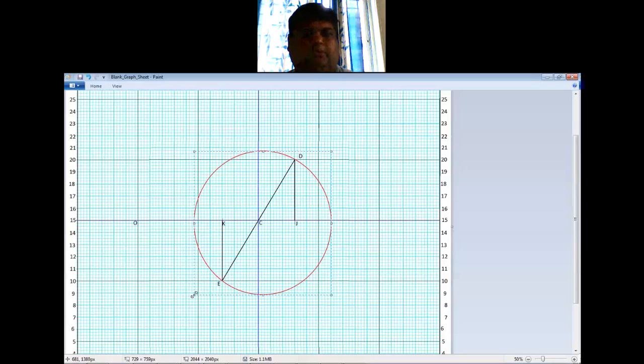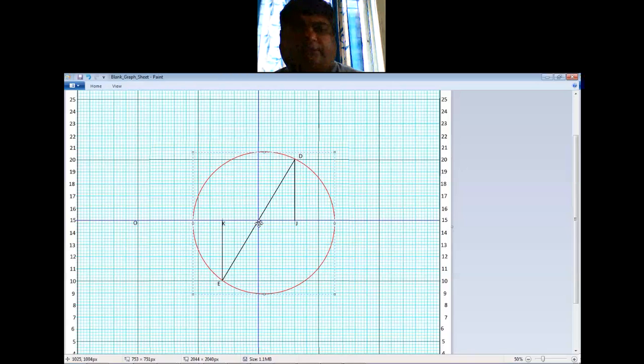Approximately I just drew the circle. It became slightly elliptical, but that's okay because I'm not going to use this anyways.